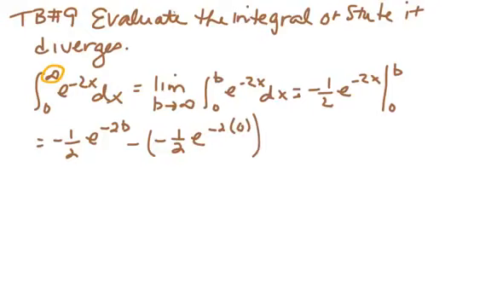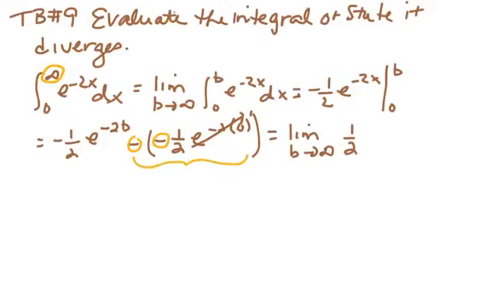Okay, so e to the 0 is simply 1. And we've got a negative and a negative. So I'm going to put the limit back in at this point. This is the limit as b goes to infinity. And that first term is positive, it's 1/2. So this all resolves to 1/2.